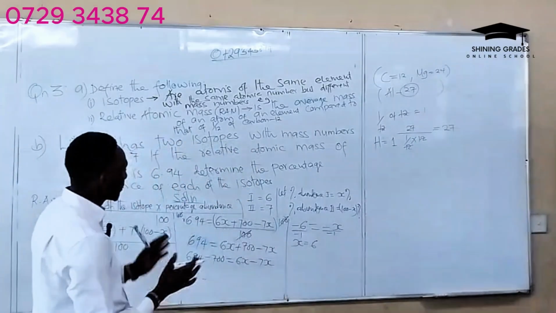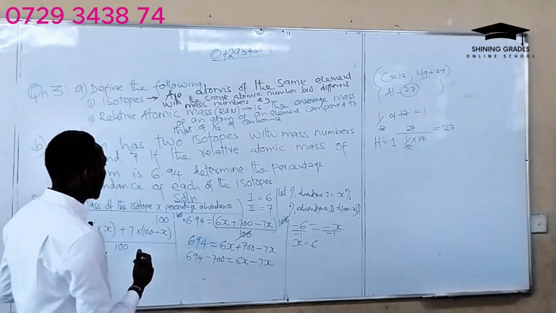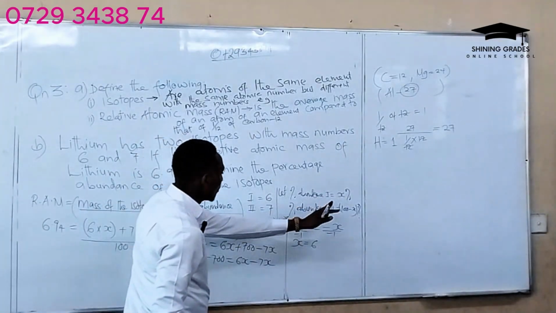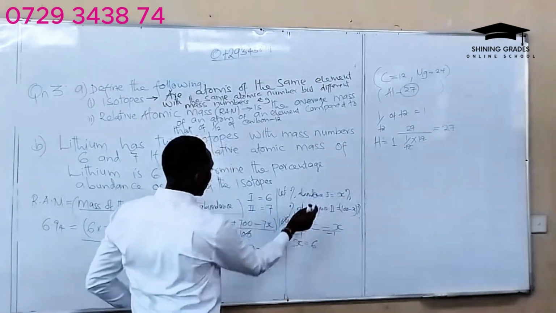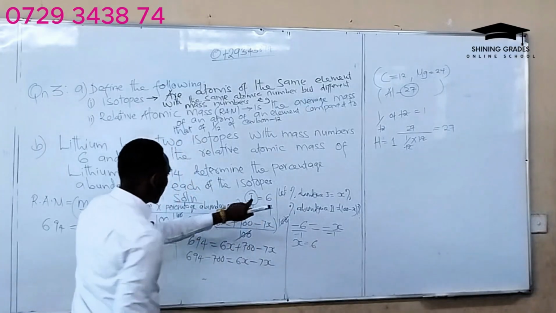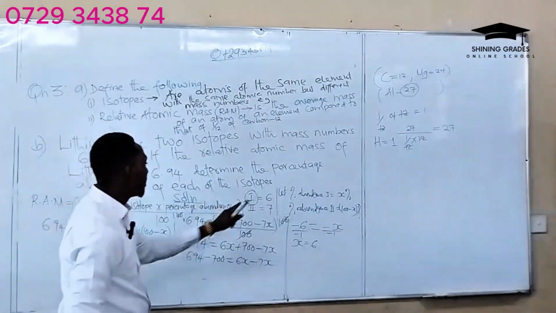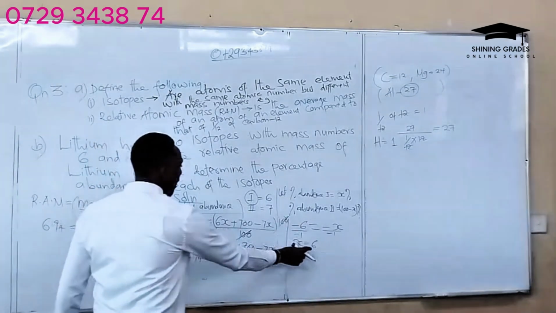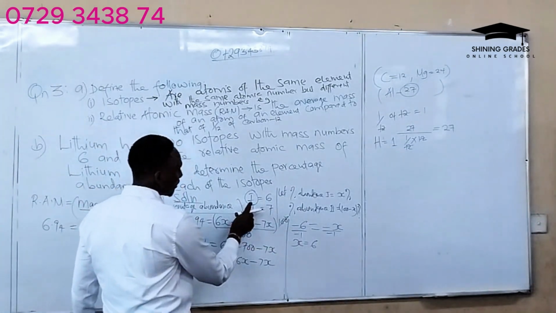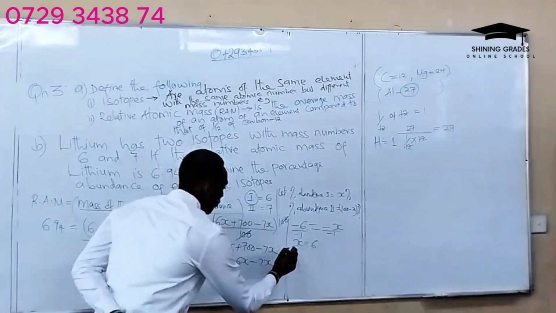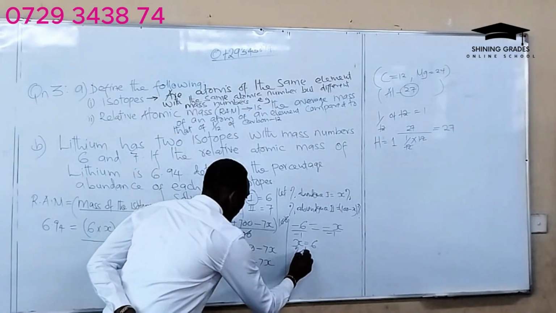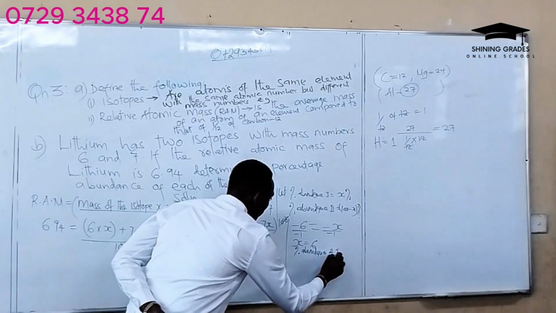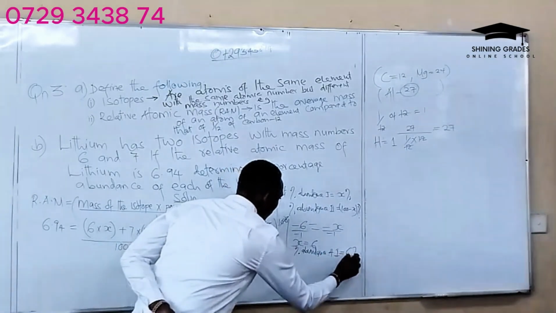So because I had let the percentage abundance of the first isotope be x, the percentage abundance of isotope 1 is 6%.